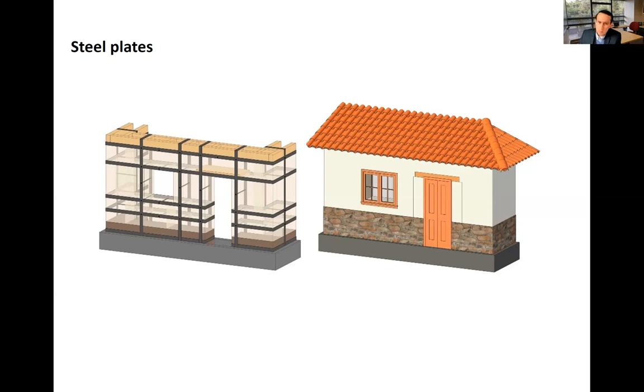One argument against using steel plates was the incompatibility between the earth material and the steel. That is very clear when you use very thick or stiff steel elements. But when you use only a plate, you will see a lot of compatibility between the two materials. Also, these are connected through the wall.